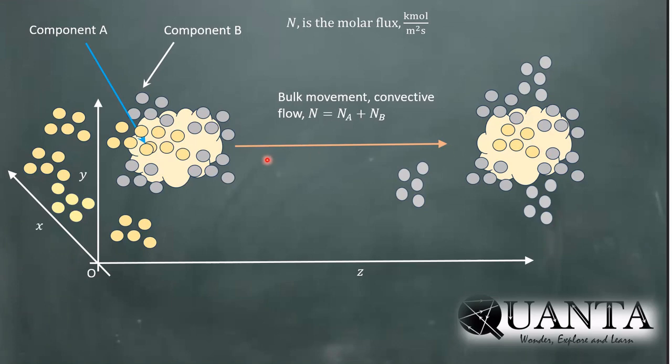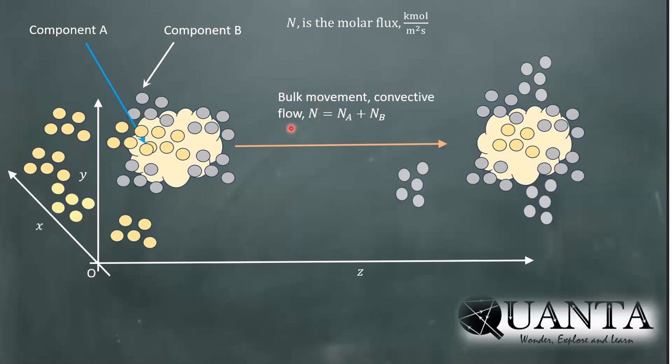This movement actually lifts with it some particles of component A and some particles of component B. So the particles within the portion of the fluid get an easy lift to move from one region to another.